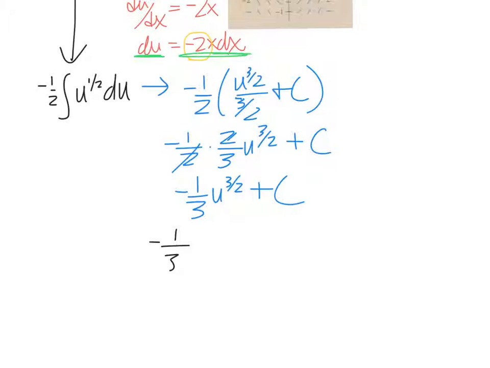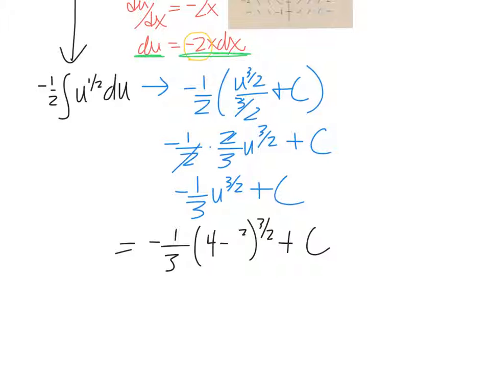Instead of writing u, I'm going to write what my u was, which was 4 minus x squared. And that's the equation, but remember I actually do know that it goes through the point 2, 2. So I'm going to erase that y and the x, and I'm going to put 2, 2 in there.